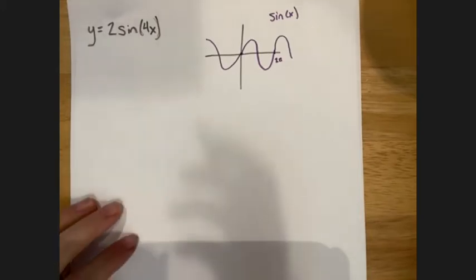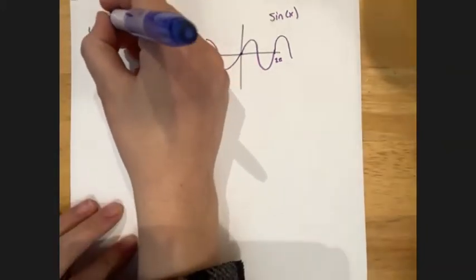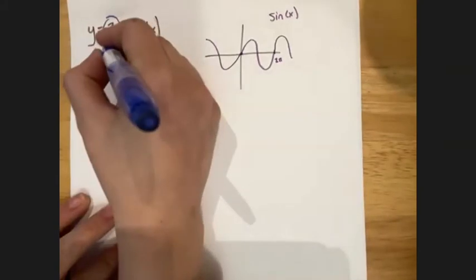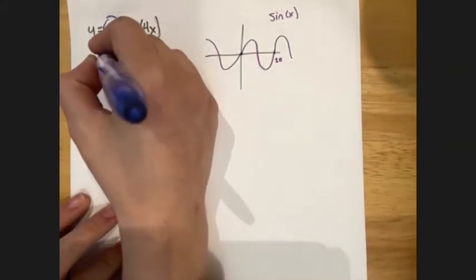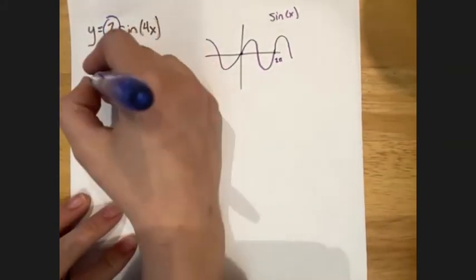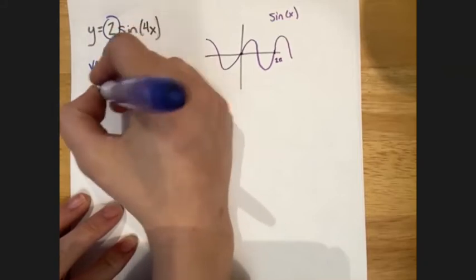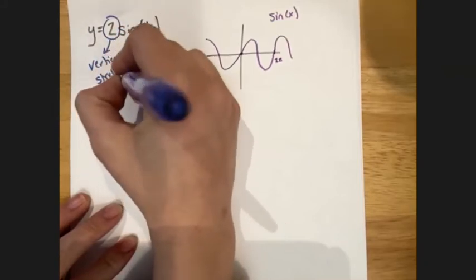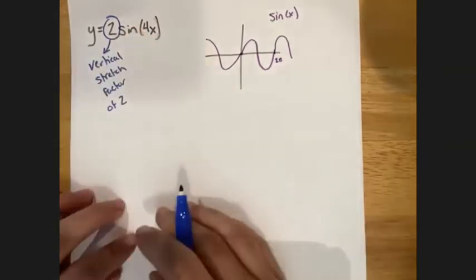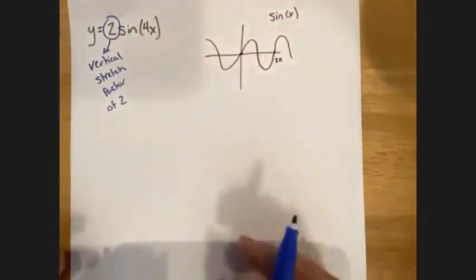Now let's look at what information we can get from our equation y equals 2 sine of 4x. Well, we've got this multiplier out here. This is representing a vertical stretch or shrink. In this case, this is a vertical stretch by a factor of 2. Which means we've taken this graph and stretched it to make it taller.